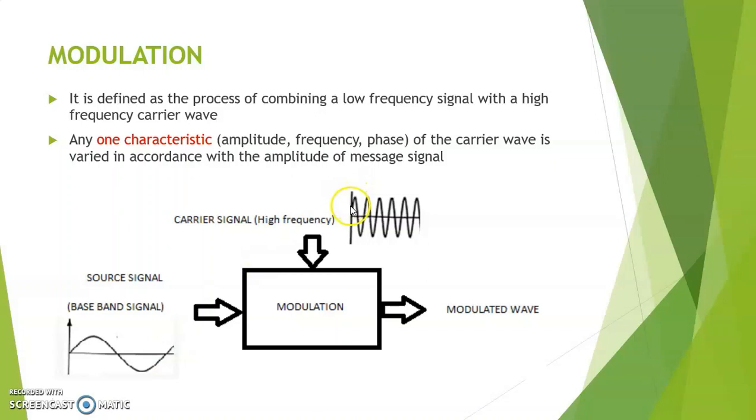So we'll combine it with a carrier signal which is of high frequency, and one of the characteristics of the carrier wave is varied in accordance with the amplitude of the message signal. That characteristic could be either amplitude, frequency, or phase, and this carrier will now be transmitted from the source to destination.